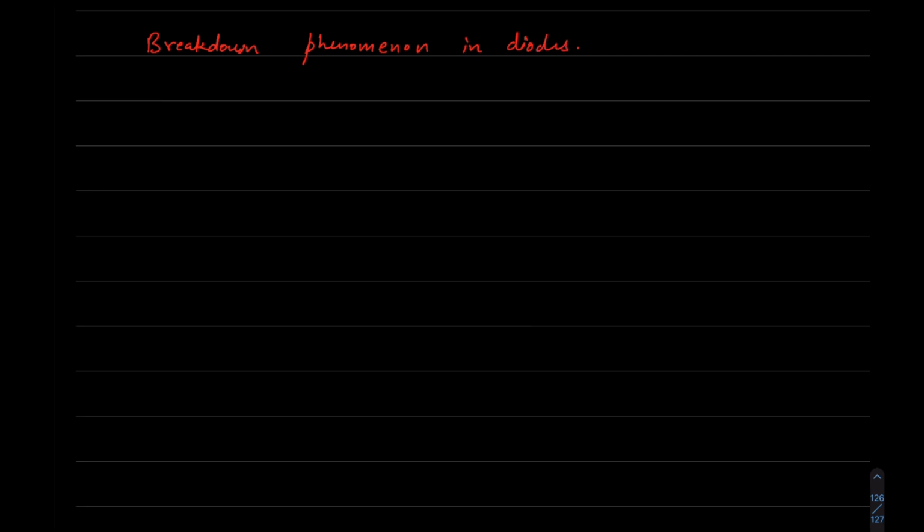So we learned about the ideal diode, the simplified diode model, and then the piecewise linear diode model. Now we learn about the breakdown phenomenon in diodes. Okay, let me make a PN junction.